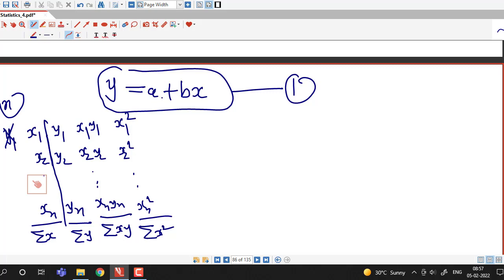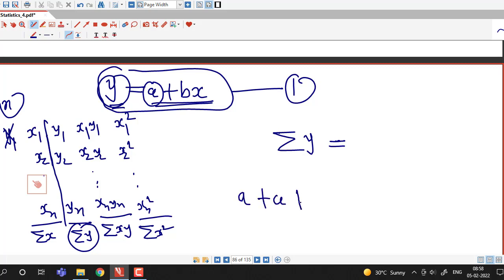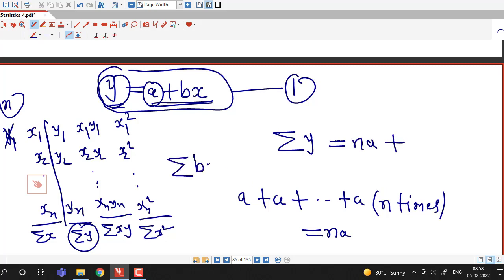First we consider summation on both sides of this equation, summation for all possible values of x and y. So the sum of all values of y we denote by sigma y equal to, here we have to sum these values. We are taking summation n times, so we will have a plus a n times, which we can write as n into a, plus sigma b into x.